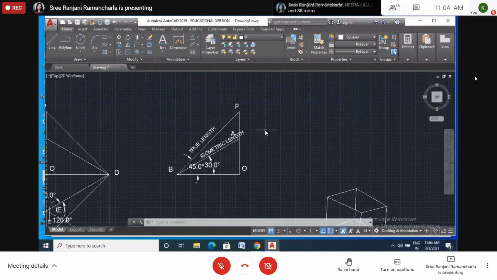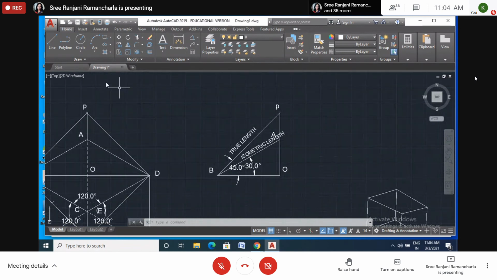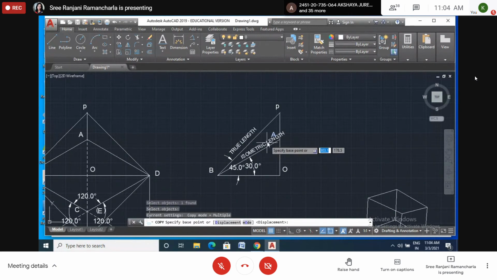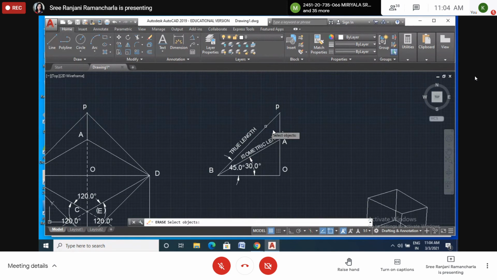Now here, so what is this point? And this point is V8, is inside. So copy this one here. Please copy this one. Same thing you copy.